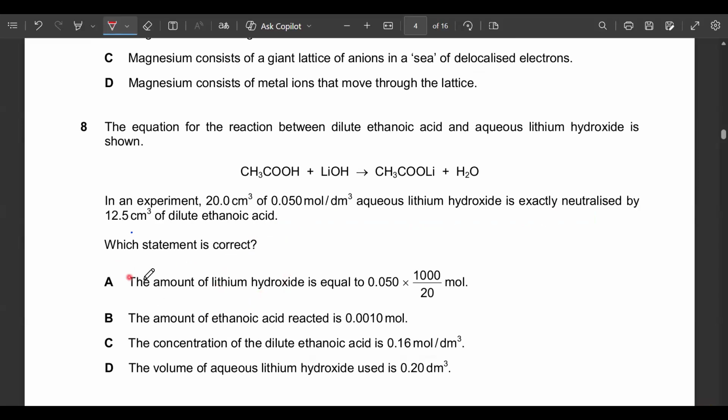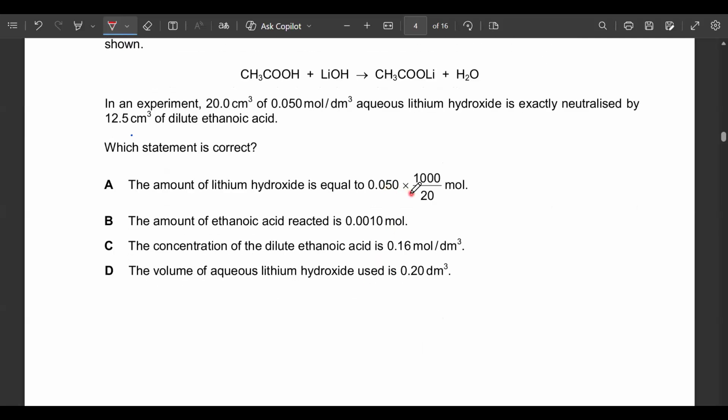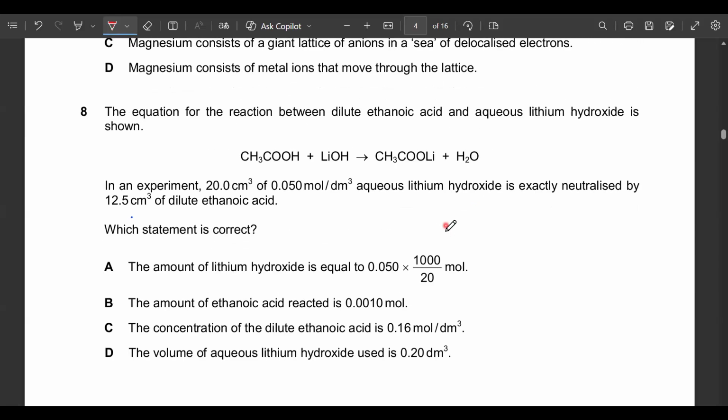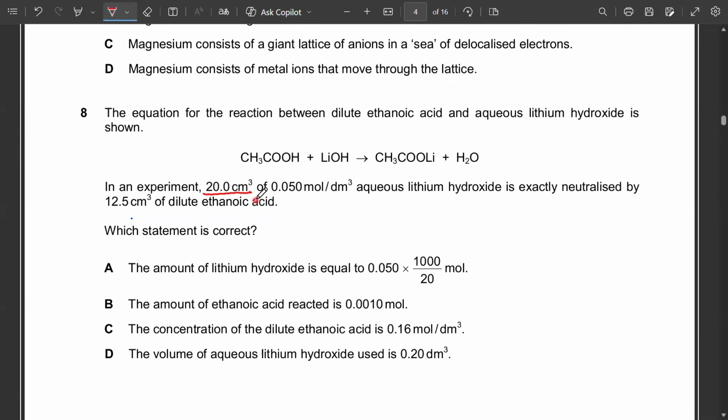First of all, the first option says the amount of the lithium hydroxide is equal to 0.05 into 1000 over 20 mole. To see if it is correct, we need to find the number of moles of the lithium hydroxide from the information provided in the statement. They have said there is 20 cm³ volume and 0.05 mol per dm³, which is a concentration.